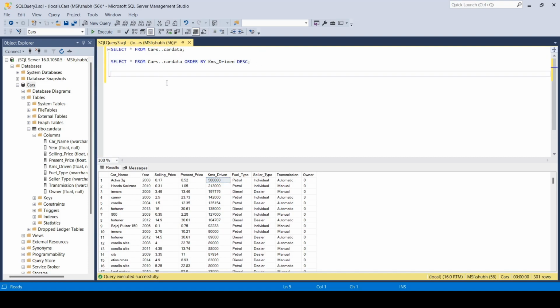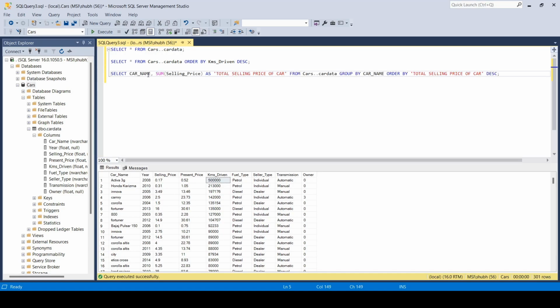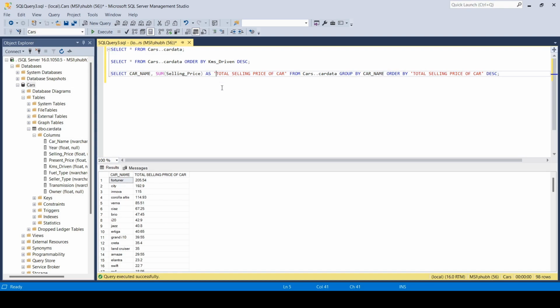So now let's see the car having maximum selling price. Here let's execute. So as we can see, Fortuner is the car having maximum selling price, I mean, among all the cars.